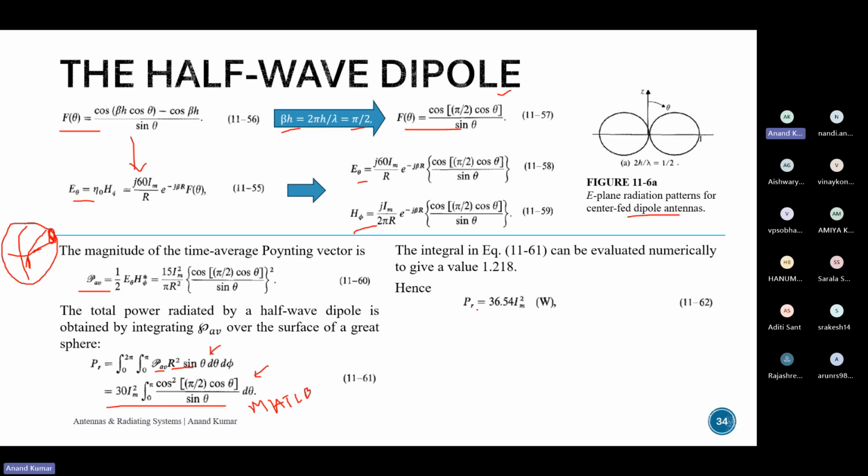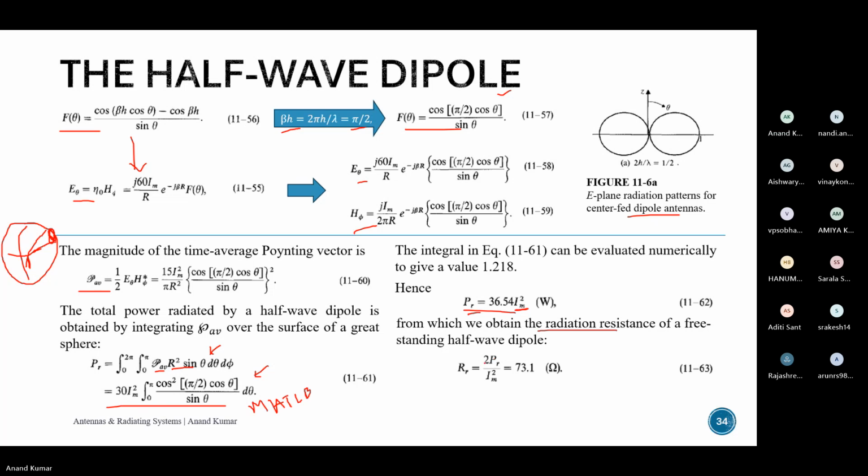If we do that, we get the expression for total power in terms of the maximum current flowing on the dipole antenna. So we've got the maximum power, and we can find out the radiation resistance by this expression.